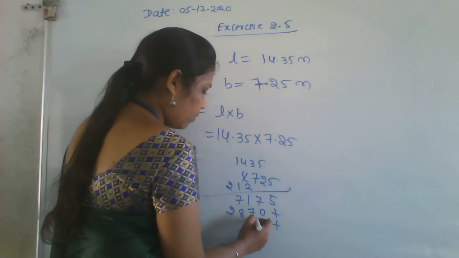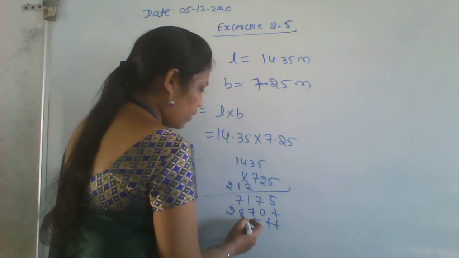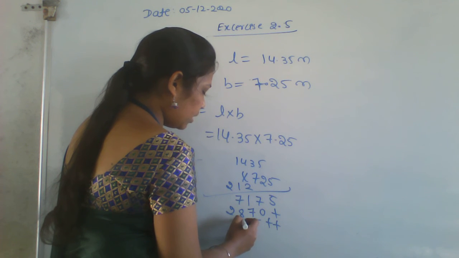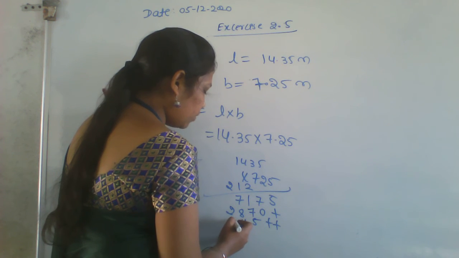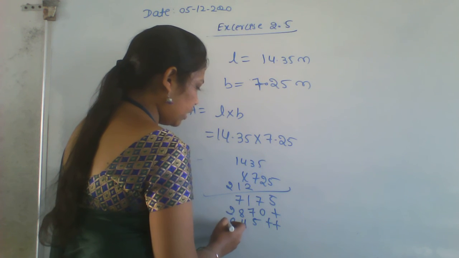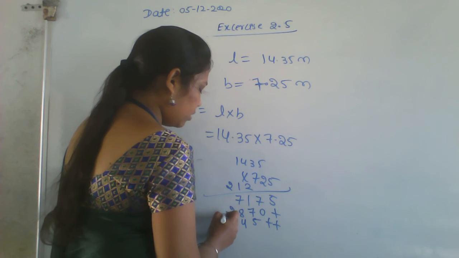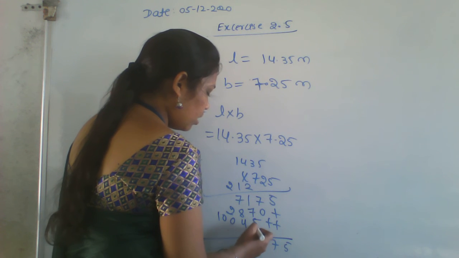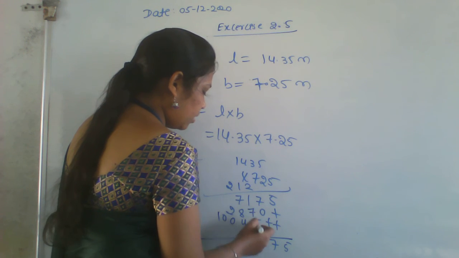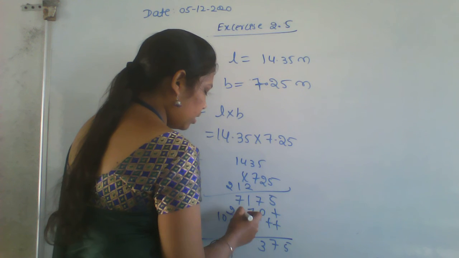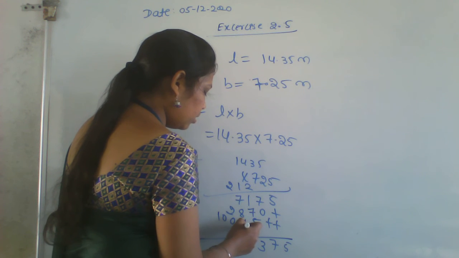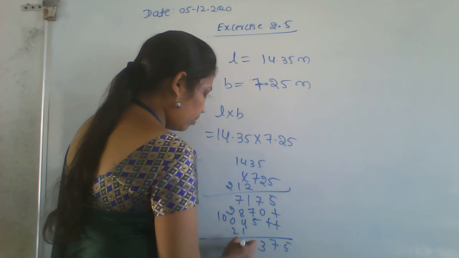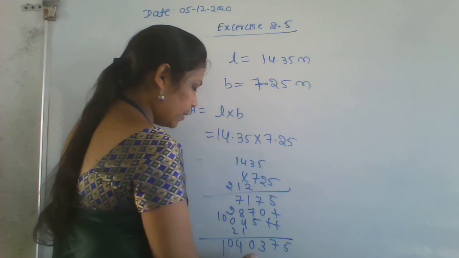Plus, 7 5s are 35. 7 4s are 28, 30 with carry. 7 into 7 means this is 10. 5, 7, 8, 13 here, 15, 19, 20, 2, 4 and 0, 1.